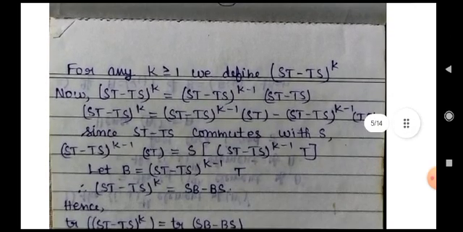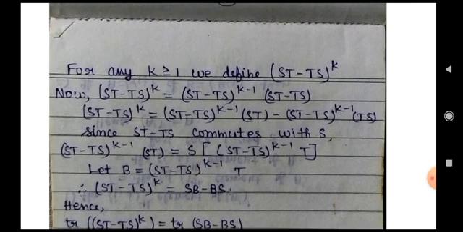For any k greater than or equal to 1, we define (st minus ts) to the power k. Now (st minus ts)^k equals (st minus ts)^(k minus 1) into (st minus ts). That equals (st minus ts)^(k minus 1) st minus (st minus ts)^(k minus 1) ts.